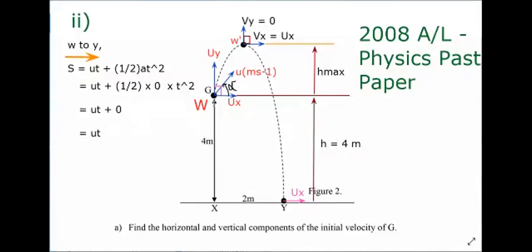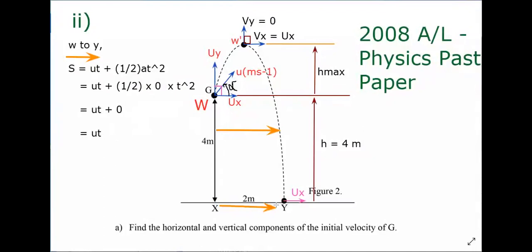Got it? So when the particle travels along the dotted line path, what is the horizontal displacement here? Horizontally, it has traveled only a 2 meter distance, right? Just 2 meters. Therefore, if you apply the equation s equals ut plus half at square along the horizontal direction, the horizontal displacement is 2.